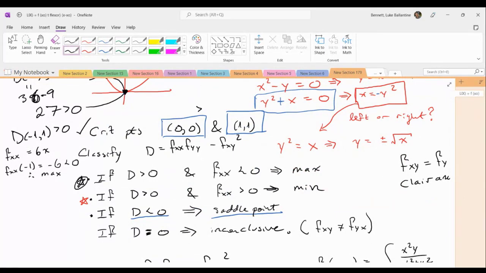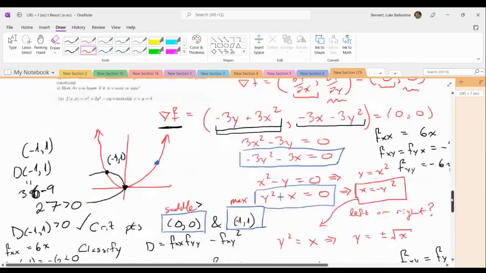So then we're done. Yeah, that was this problem. We classified. Let me change this up. Negative 1. Oops. This is a max, and this is a saddle.